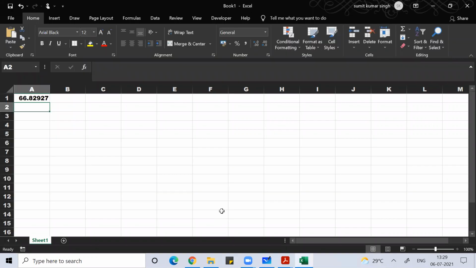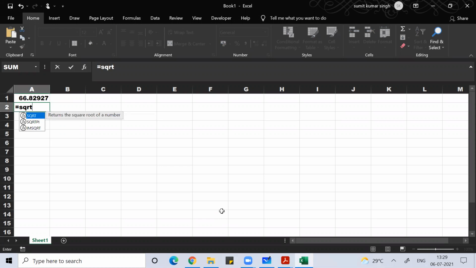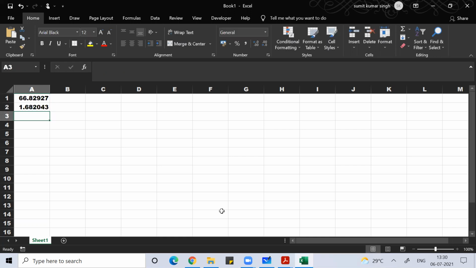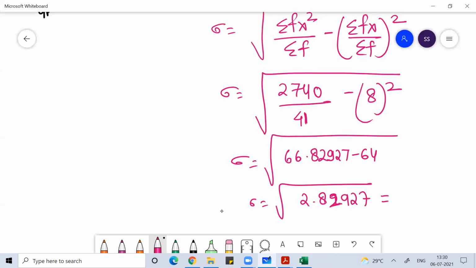The standard deviation would be the square root of this value, 1.682. So the standard deviation is 1.682, where the variance was 2.829.